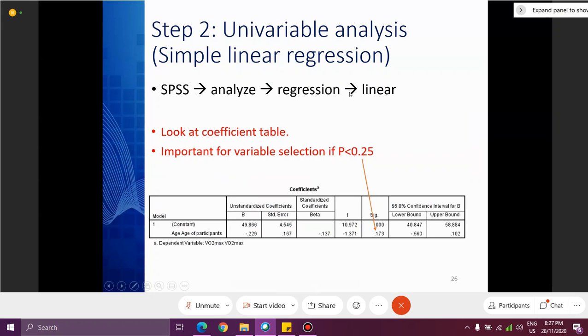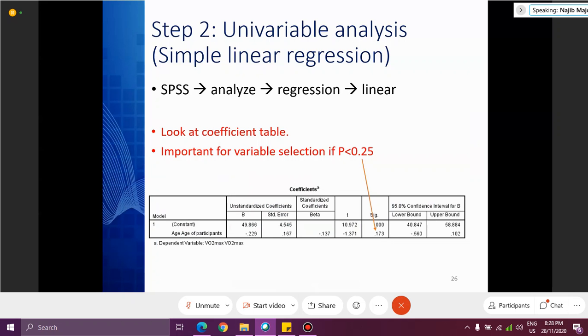So when you do simple linear regression, you look at the coefficient table. The importance of each variable is determined by the beta value and the p-value, right? But we are not going to make conclusion based on simple linear regression analysis. Doing simple linear regression in multiple linear regression is just part of the variable selection process.